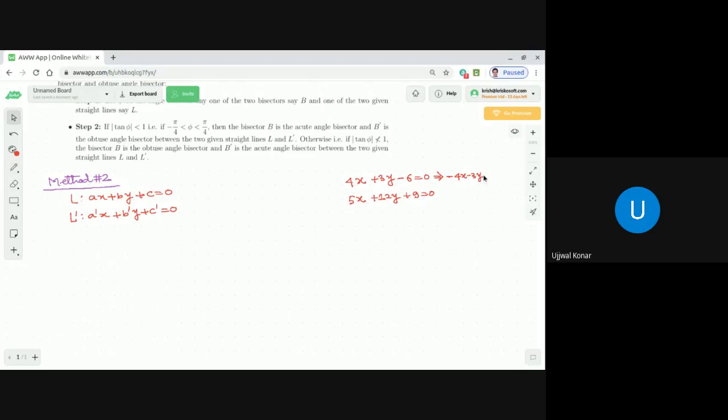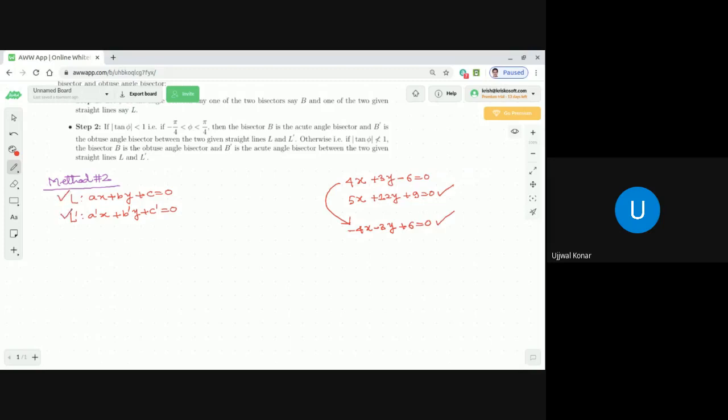So if we write this equation down here, it turns out to be minus 4x minus 3y plus 6 equal to 0, and the second equation remains the same. So now we will deal with these two equations. Make sure the constant terms, that is both c and c dash, in context of the generic equations, are positive.